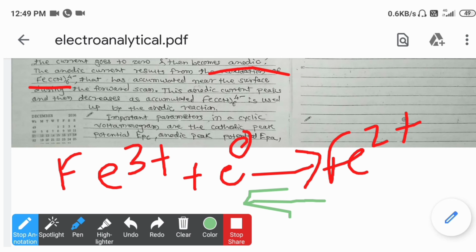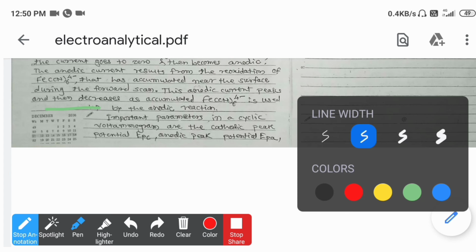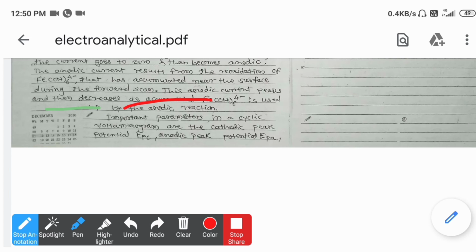So Fe2+ gets reoxidized, we can say, back to Fe3+, which is near the electrode surface.